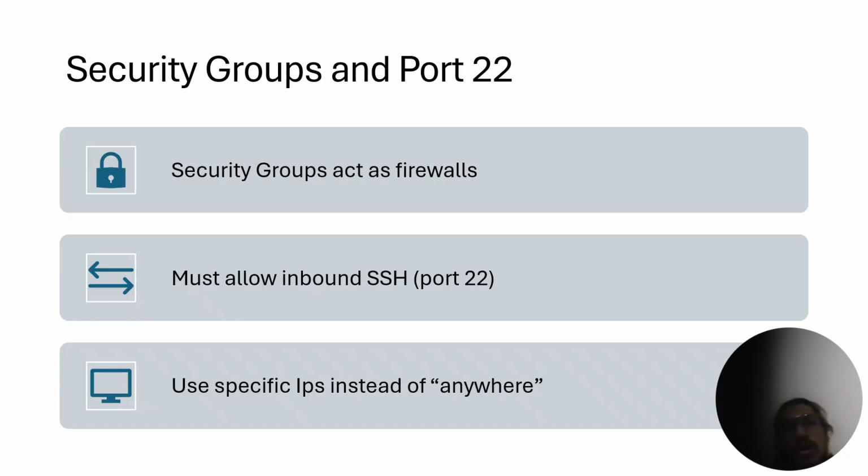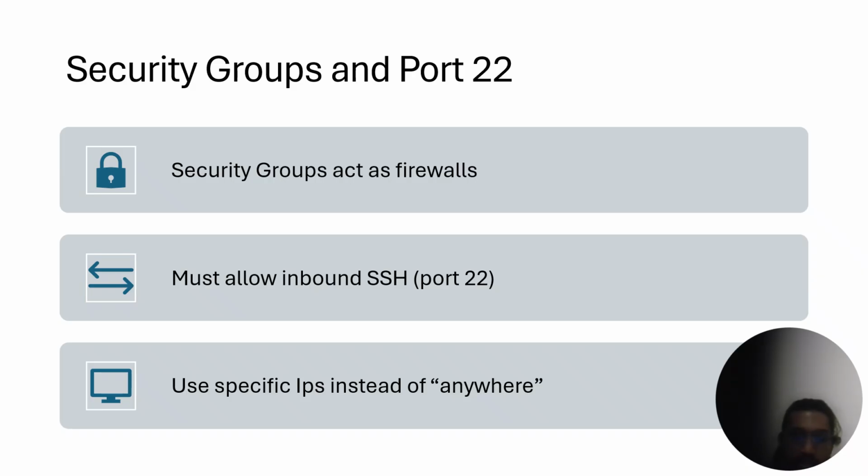Now let's discuss security groups and port 22. One key factor in using SSH successfully is your security group configuration. Security groups in AWS act like a virtual firewall that controls which traffic can enter or leave your EC2 instances.